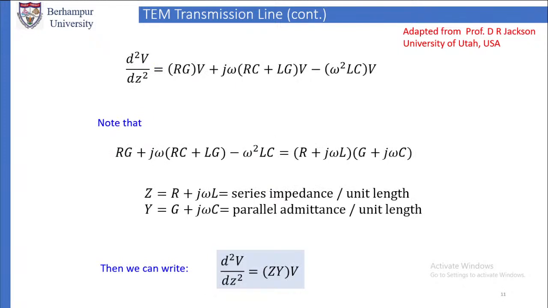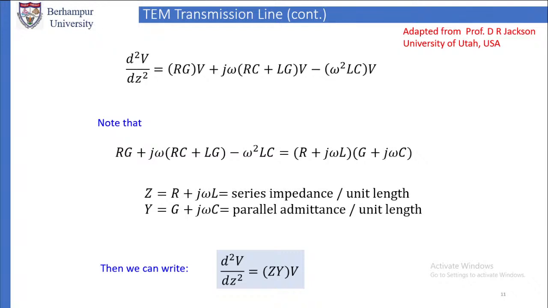And so from that you will get d²V/dz² is equal to RGV plus j omega (RC + LG) into V minus omega square LC into V. So both the sides are equations in terms of V. Note here one thing: RG plus j omega (RC + LG) minus omega square LC, that you can write as (R + j omega L) whole into (G + j omega C).